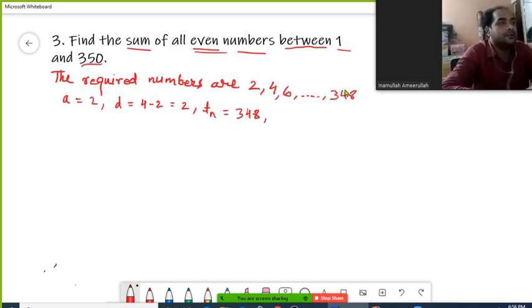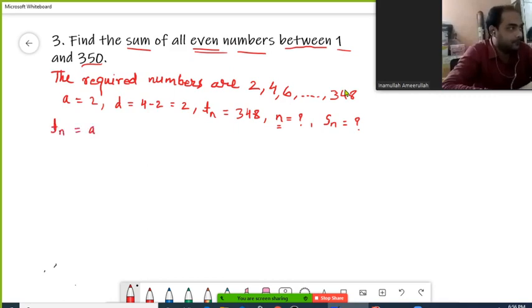So two things we need to calculate for this question. The question is about finding the sum of all the even numbers. So for that you need the number of terms, that is n, and we need to find out Sn. So first we will find out n by using the Tn formula.